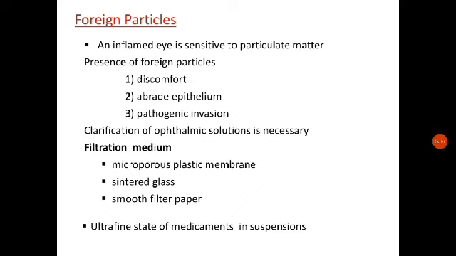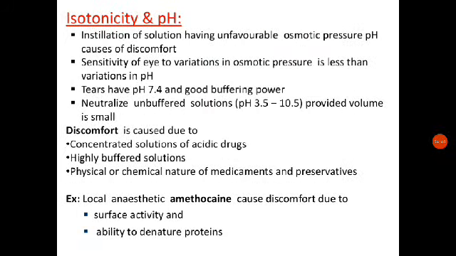It should be free from foreign particles also. If foreign particles are there, they will cause discomfort or damage to the epithelium, etc. Similarly they are removed by filtration. Then isotonicity and pH already mentioned.